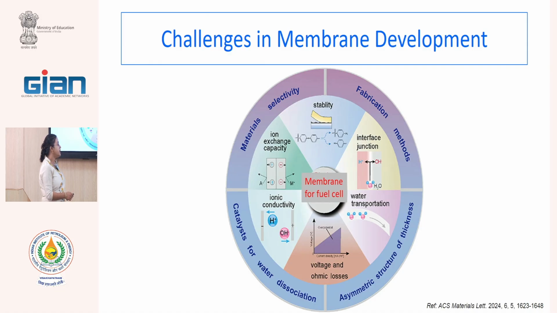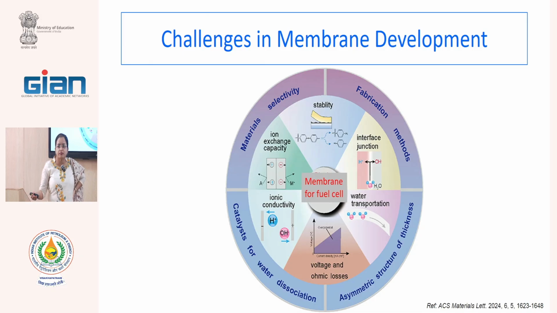For stability and ion exchange capacity, we can enhance by using materials effectively. You can use the fabrication method effectively to enhance their interfacial junction or contact, and you can reduce the contact resistance. You can increase the voltage, reduce the ohmic losses, or increase the water transportation and ionic conductivity by changing the catalyst or the asymmetric structure of the membrane.